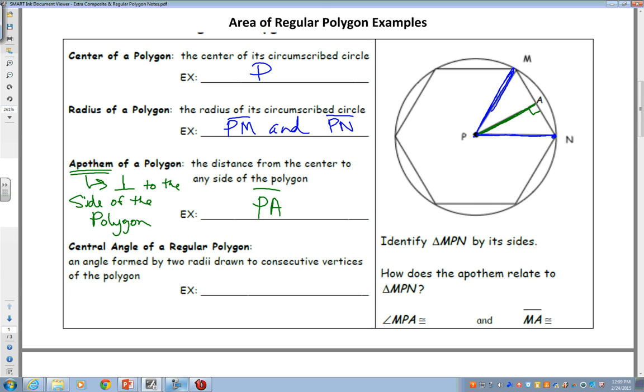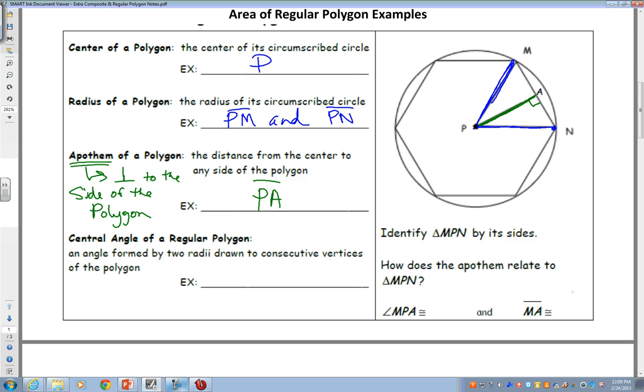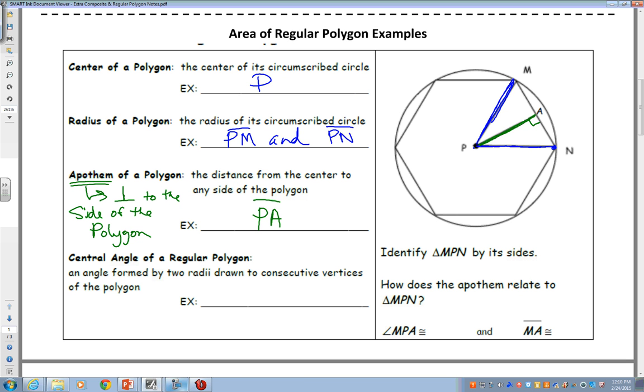Now, they want us to find the central angle. The central angle of a regular polygon is an angle formed by two radii drawn to consecutive vertices. So we're going to mark where that central angle would be. It's got to be formed by two radii. So where would the angle be? MPN. It would be right here.